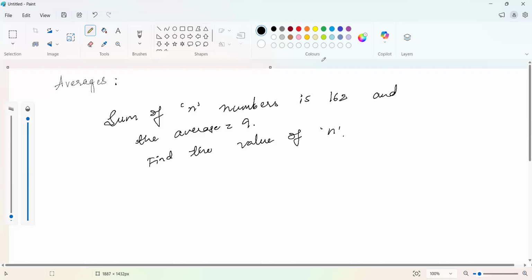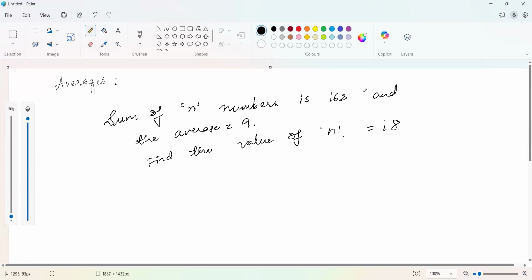Same like previous question. Sum of n numbers is 162 and average is 9. You need to find the number of values or observations. Yes, you are getting 18? Correct. It's 18.